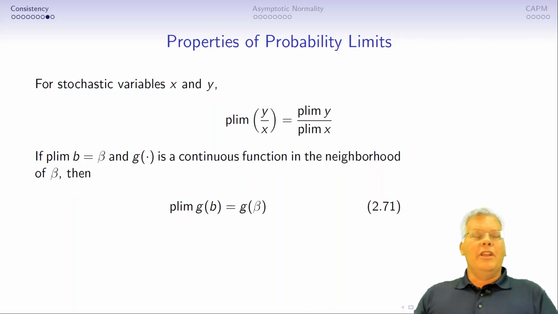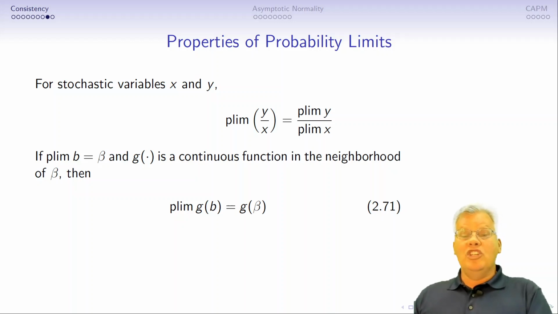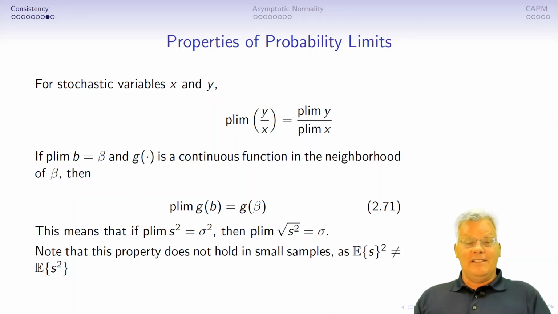If the probability limit of b is beta and g is a continuous function in the neighborhood of beta, then the probability limit of g of b is equal to g of beta. A neat application of this is that if the probability limit of s squared is sigma squared, then the probability limit of the square root of s squared is sigma.